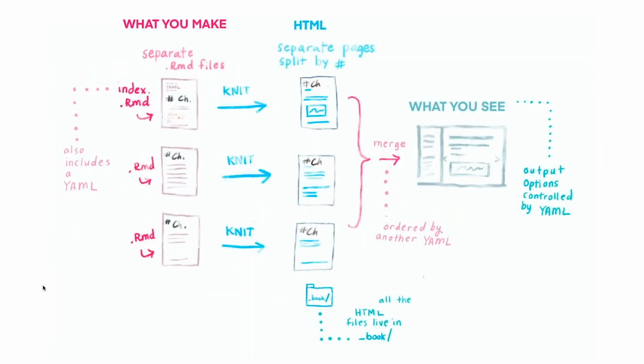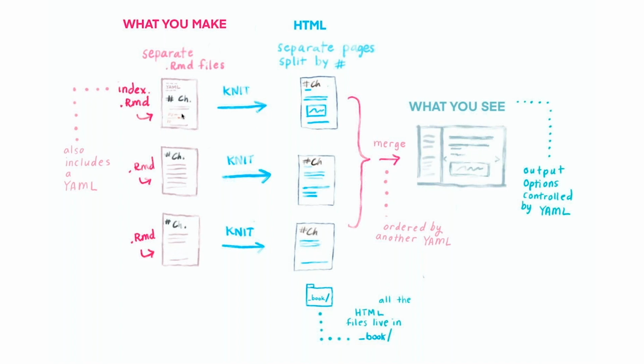And so this gives you a little bit of an overview of what Bookdown is doing. What you make is these separate R Markdown files for each chapter. So here we have index.rmd and then another RMD and another RMD, and each of those begins with that level 1 chapter heading. So those are all your separate R Markdown files. And remember that index.rmd is a special one that also includes a YAML.